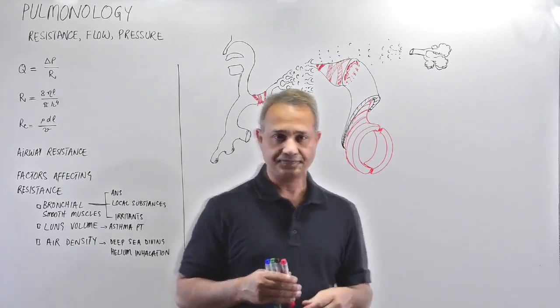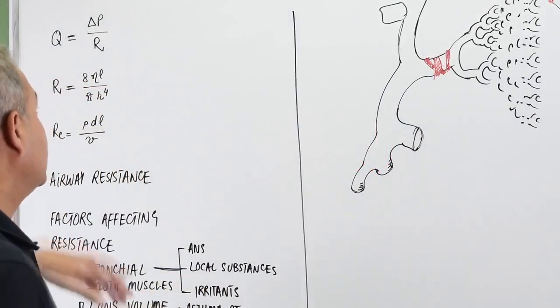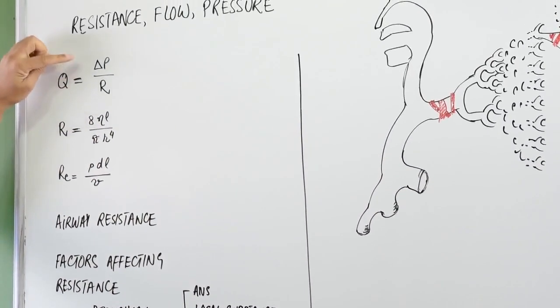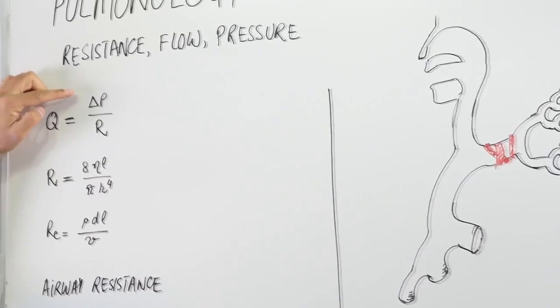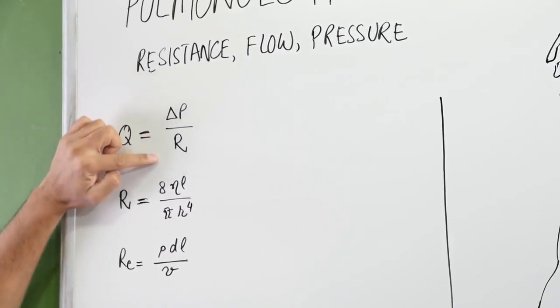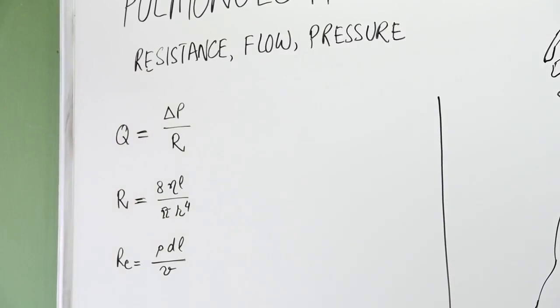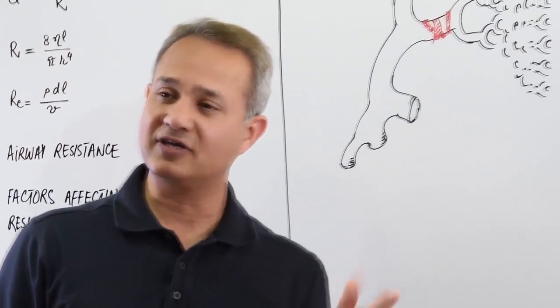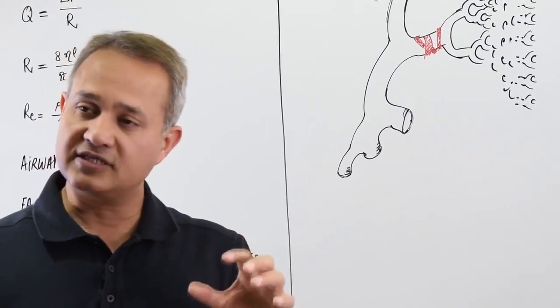So let's start. First of all, the flow is defined as the ratio of the pressure gradient and the resistance in the system. What does that mean from the airways point of view? We know that in cardiovascular we use this term. How does it apply in the airway?